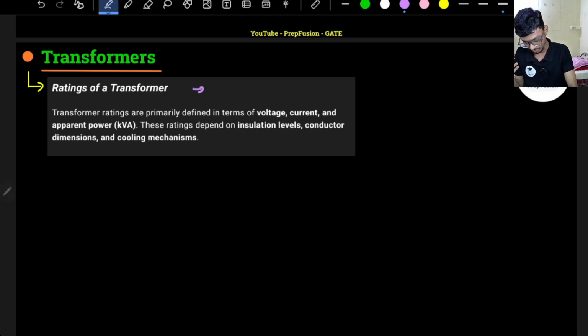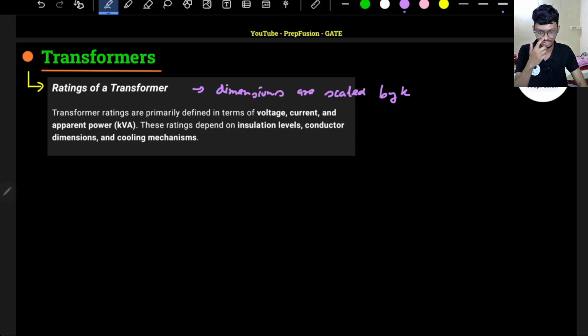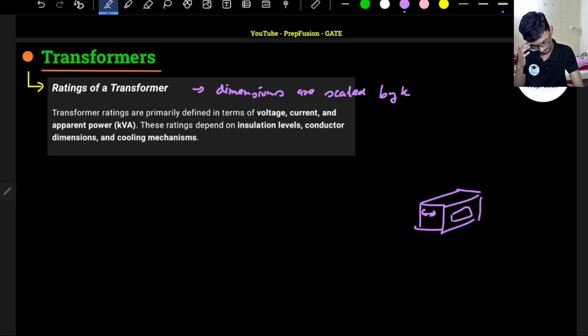We are discussing what happens if all the dimensions of the transformer are scaled by K. So what are the dimensions? Basically a transformer is a 3D figure. It has length, it has depth or the width of the core, and it has width.